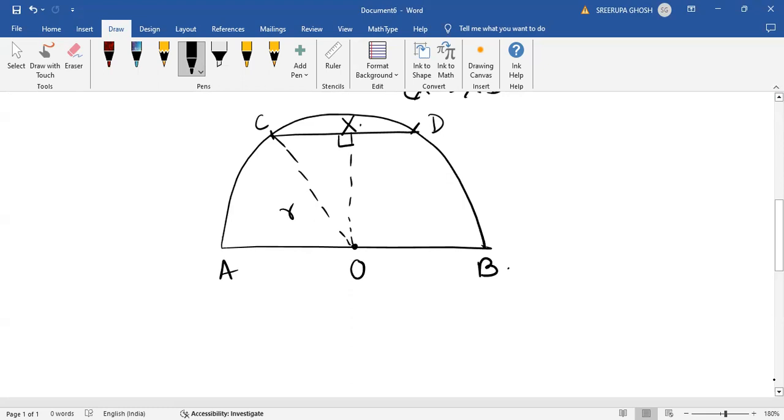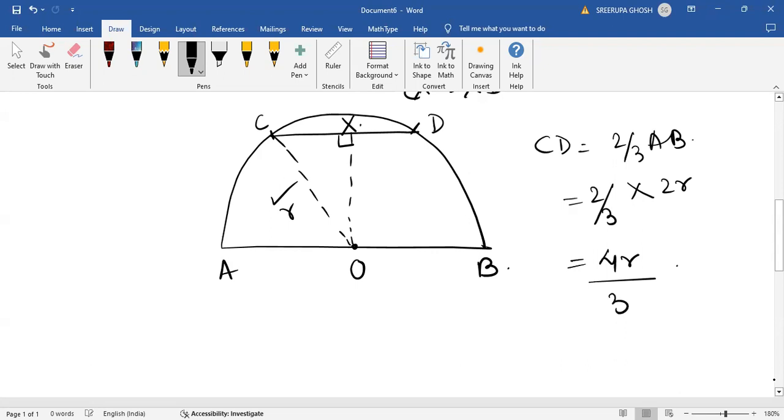Yes or no? Right? So what is CX? CD is 2 by 3 AB, 2 by 3 into 2R, 4R by 3, where R is the radius. Now, since OX is bisecting CD at right angles, CX is equal to XD is equal to 2R by 3, bisecting by 2, correct?